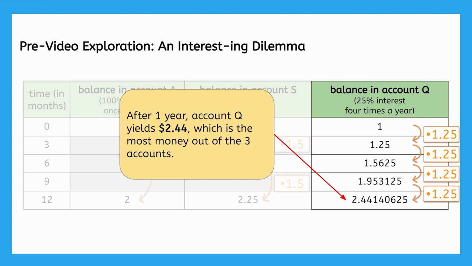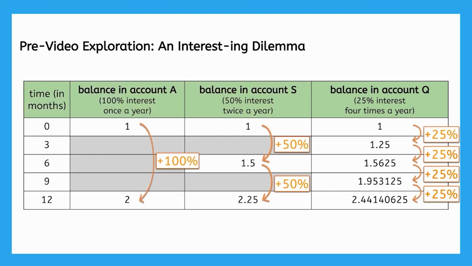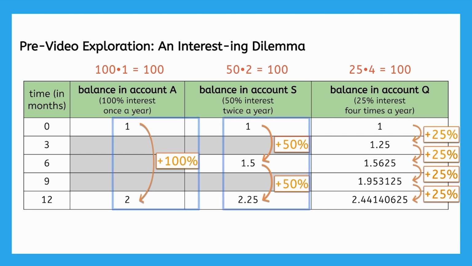This result may have seemed surprising. At first glance, it might have looked like all these accounts were all just adding 100% in a year, since 50 times 2 and 25 times 4 both give 100. But the more this apparent 100% increase was broken and applied in separate pieces, the more the balance grew.